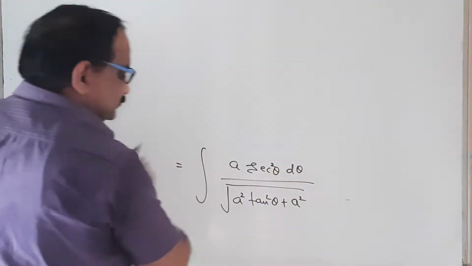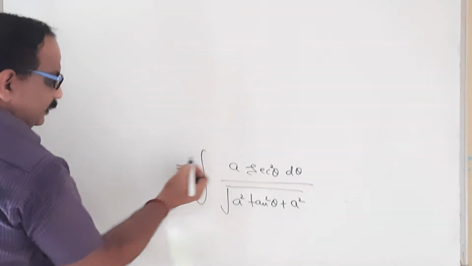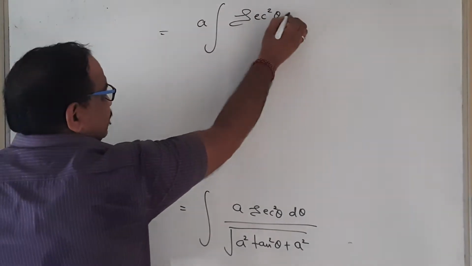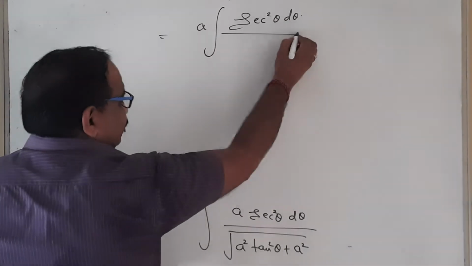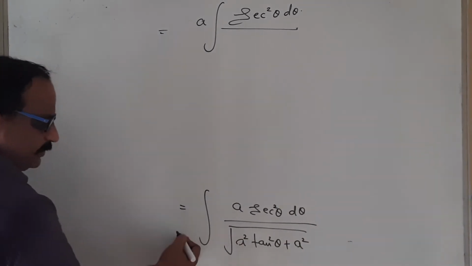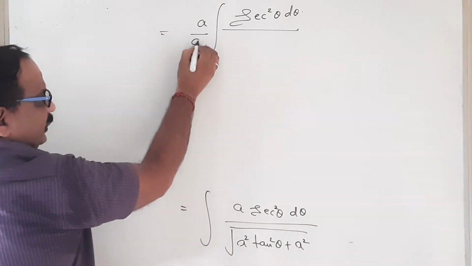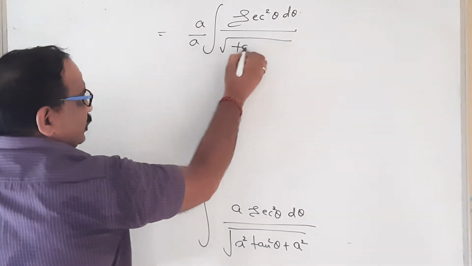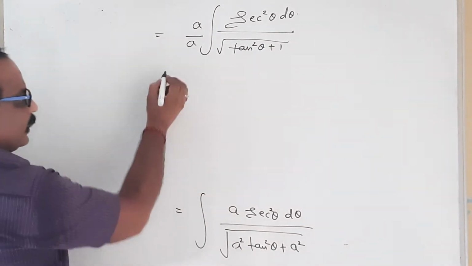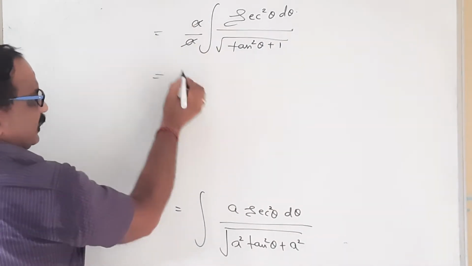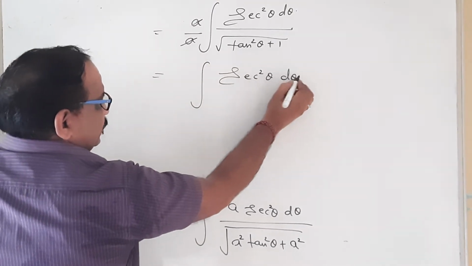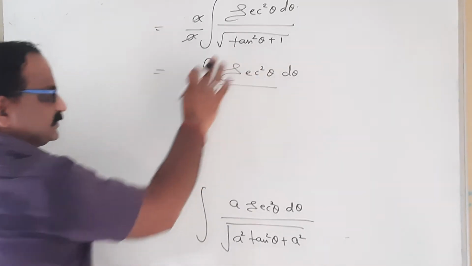So here this a will be outside, so a outside. The inside part is sec square theta d theta divided by, here also a square will be common. It will come out of the square root, so it will be a only, and the inside portion again is tan square theta plus 1. Finally, this a and a will be cancelled out, and remains sec square theta d theta divided by 1 plus tan square theta.